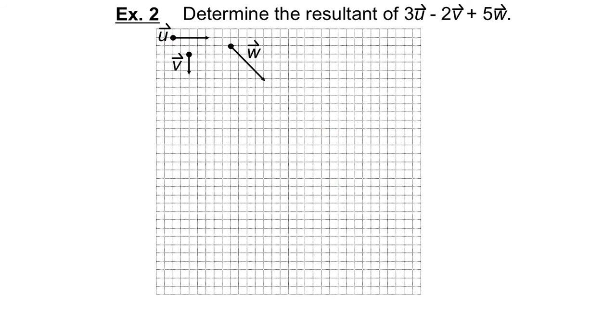We're going to do this algebraically though, in a similar way as in the previous example. We're going to take each vector, multiply it by its scalar multiplier in front. We're going to find the x and y components of each, add all the x components together, add all the y components together, and we'll get our resultant that way.